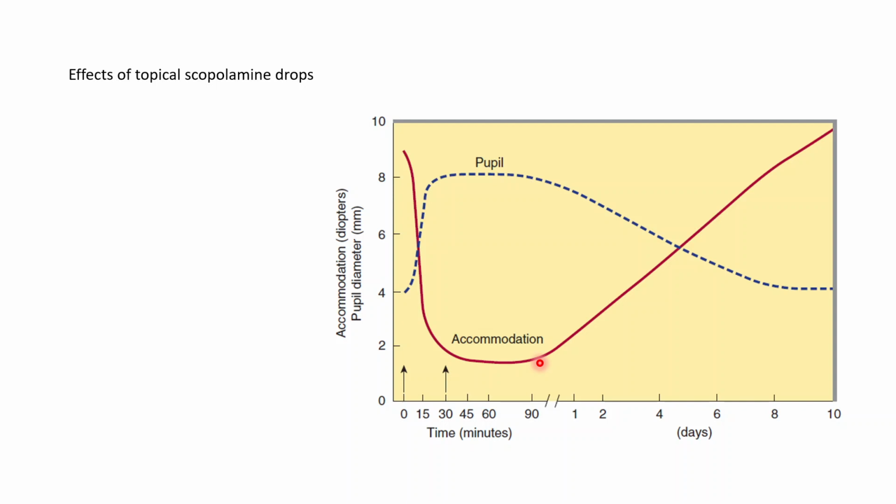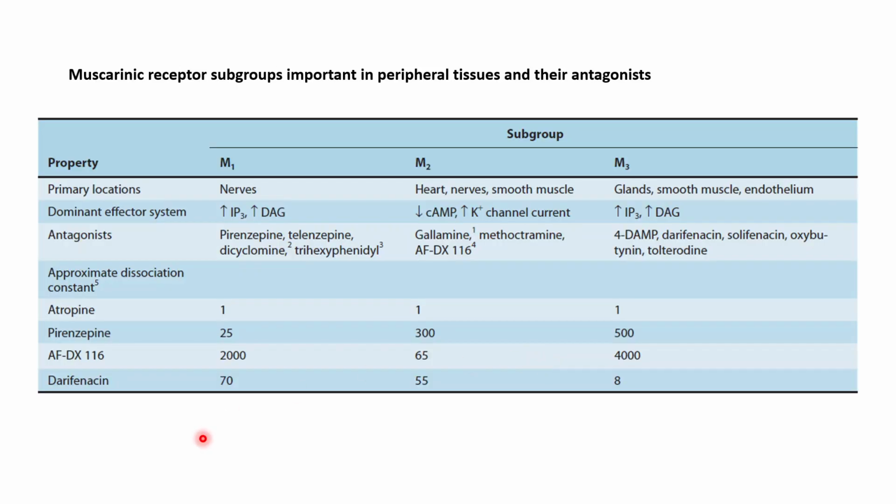So if you look here, pirenzepine has a higher affinity for M1 than M2 and M3.